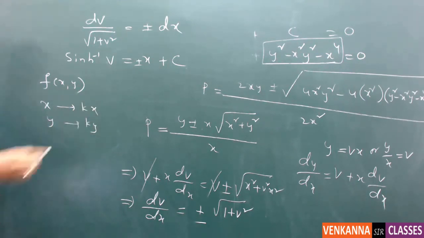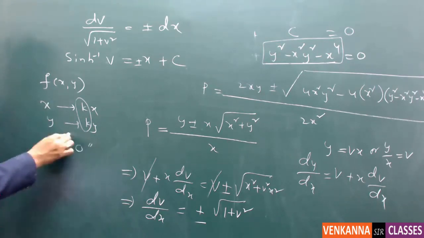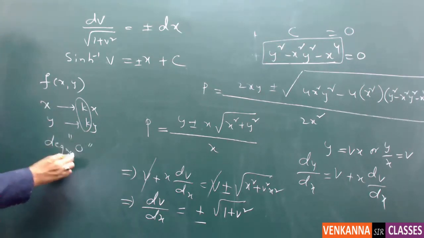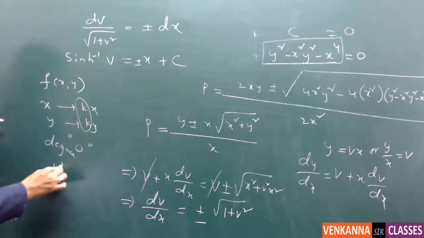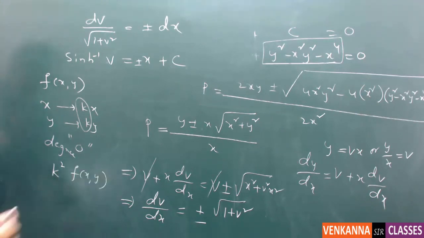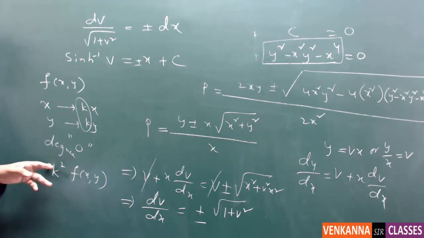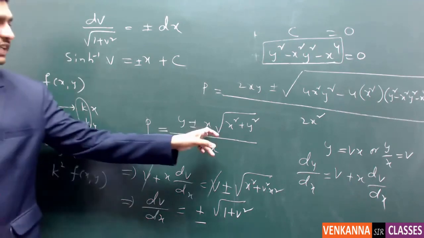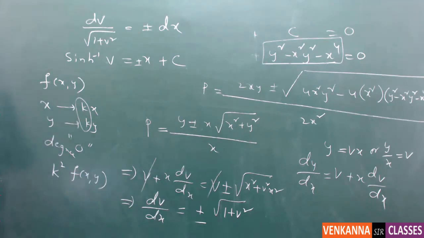If k gets cancelled completely, we say that it is a homogeneous equation of degree 0. However, if on simplification you get k power 2 into f of x, y, we say that it is a homogeneous equation of degree 2, like that. So the power of k is what we take. If you replace x with kx and y with ky, does k get cancelled completely there? Yes or no?